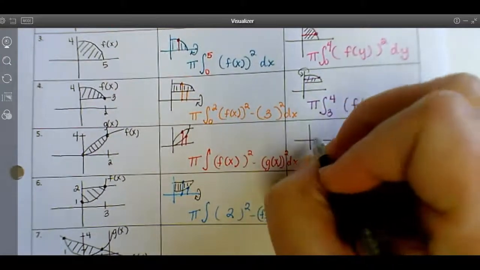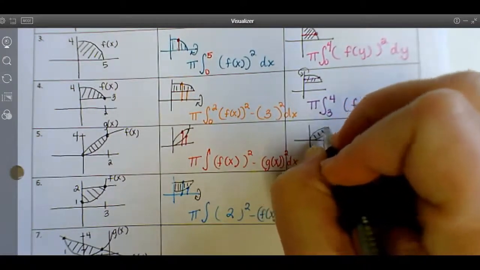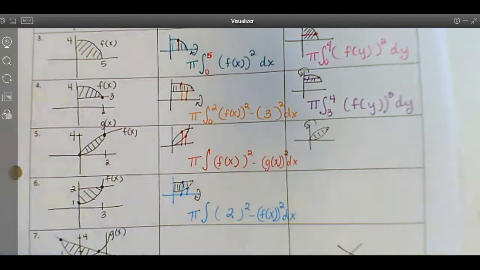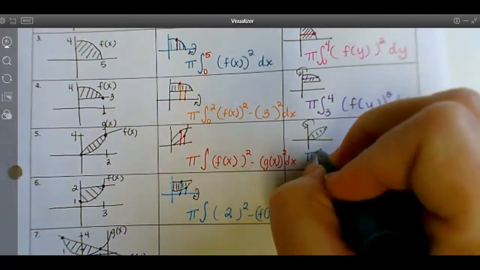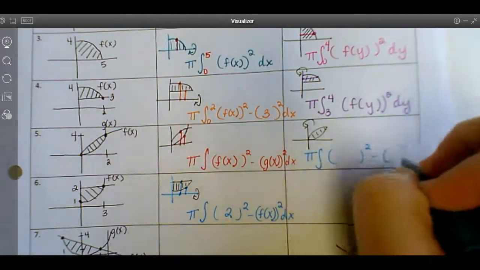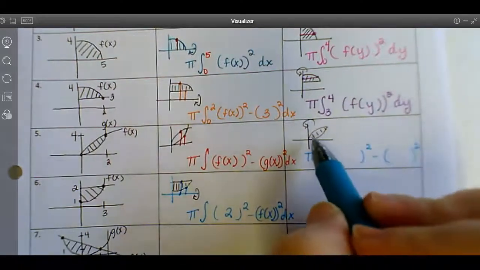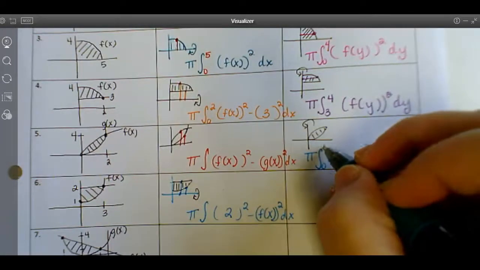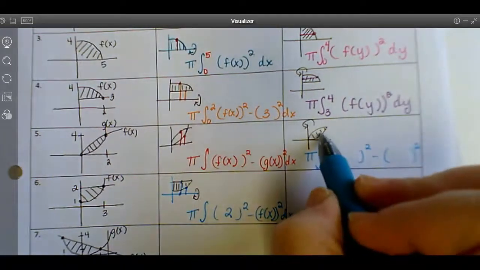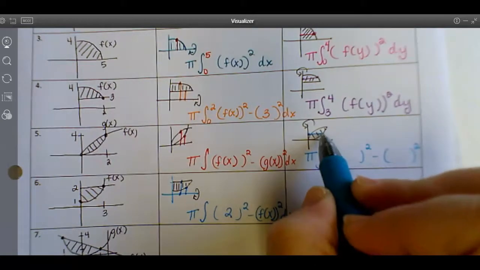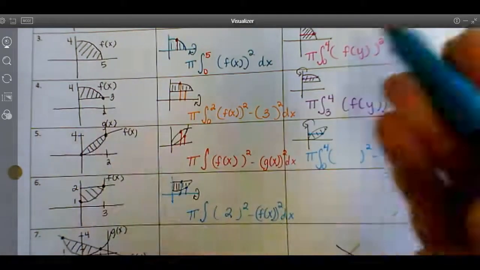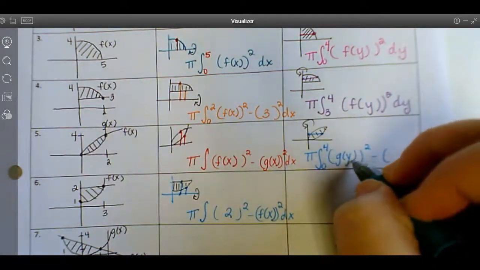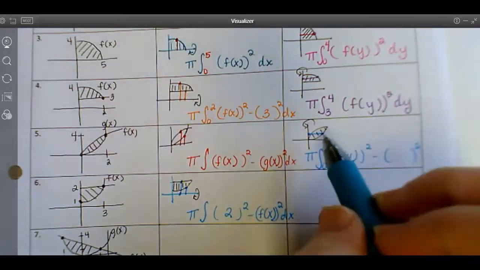Alright, let's graph this one. Here's the graph going around the y-axis. There is a hole. So I know that there'll be something squared minus something squared using the y values, so 0 to 4. Alright, this one is the farthest outside, and that graph is g, but remember it's in terms of y because we're doing y values because we're going around the y-axis.